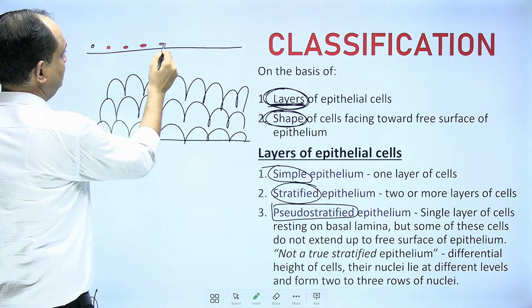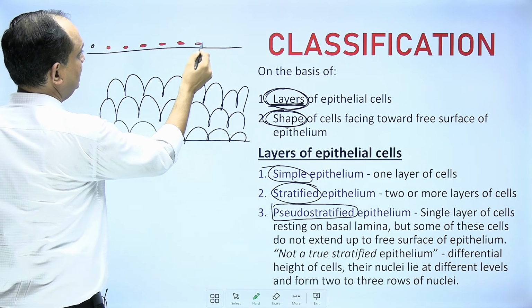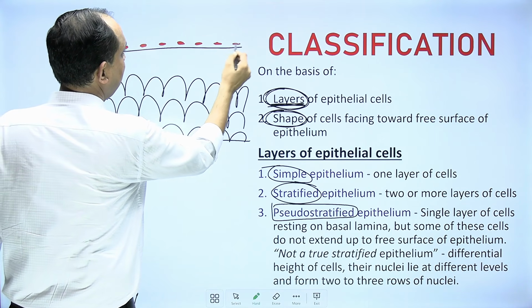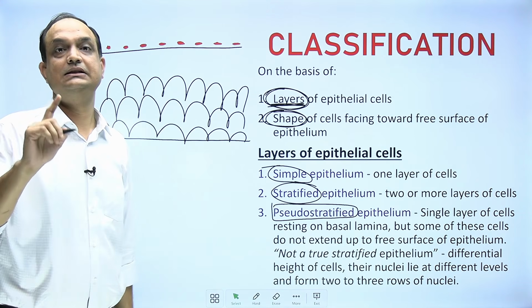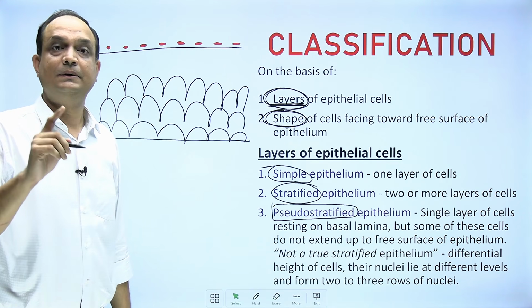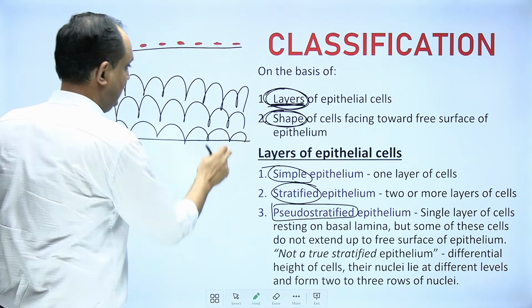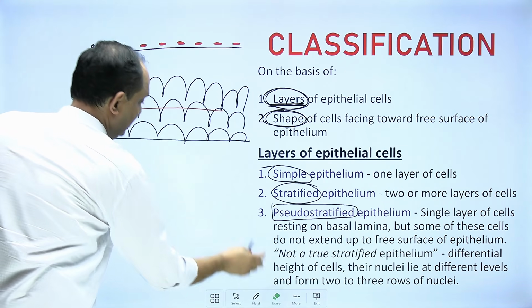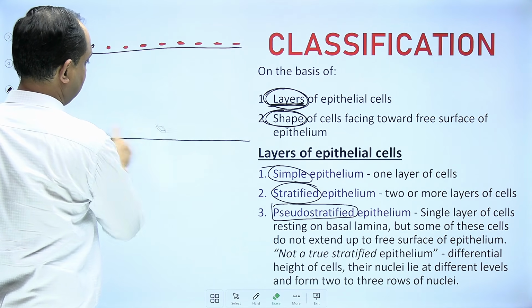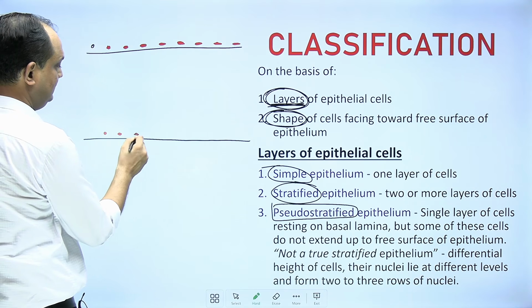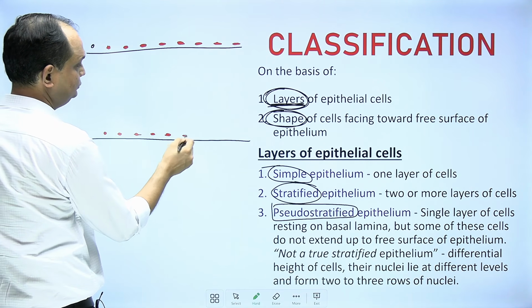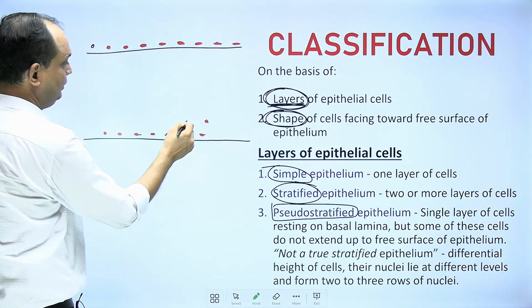Now if I am able to see a single layer of nuclei, that means I am dealing with one layer of the cell and I will label it as a simple epithelium. But suppose I am seeing two layers of nuclei. You have one layer of nuclei and you are also able to see one more layer of nuclei.